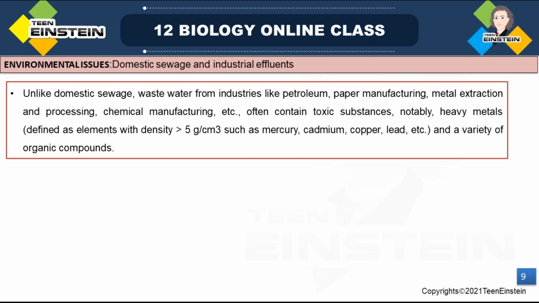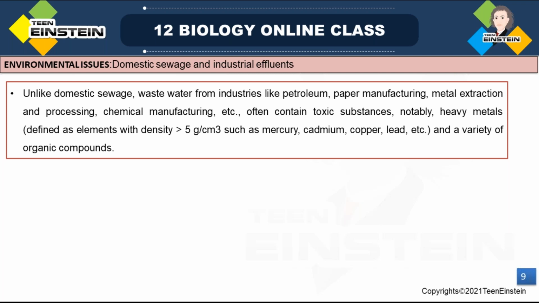So, like this, the wastewater from the industries like petroleum industries, paper manufacturing industries, and chemical manufacturing industries and all will be there. So they'll be having not only this microorganism, they'll be having more toxic substances, right?